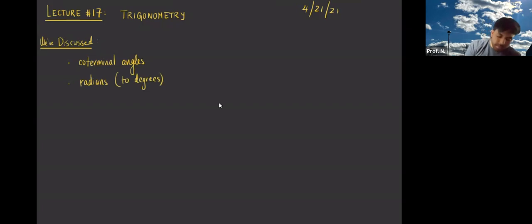We talked about how pi radians is equal to 180 degrees. We know that. We know that coterminal angles are the same angles, just added by 360 or subtracted by 360 a certain number of times.